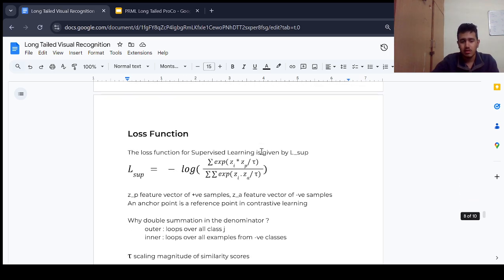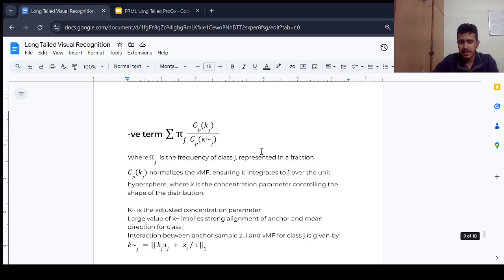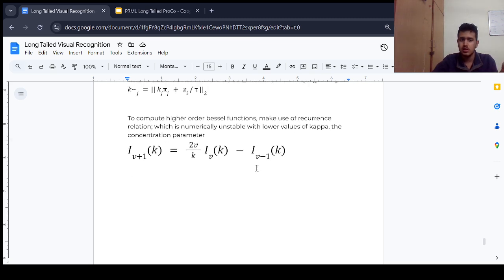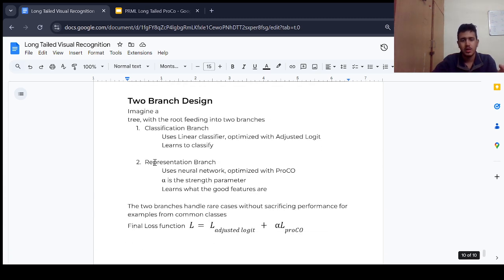For that, you make use of a recurrence relation, which is right here, because it was in the paper as well that we don't have calculations for higher order Bessel functions in PyTorch. So that was a neat trick they incorporated. It's very simple: we scale our current sample and take a difference from the previous ones, and that's our current Bessel function.